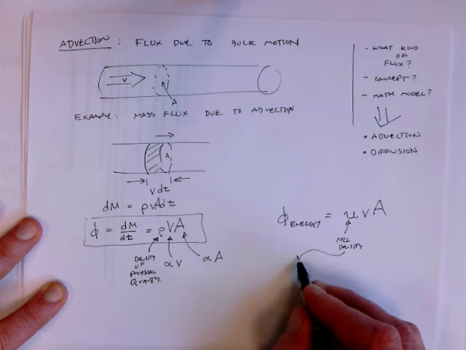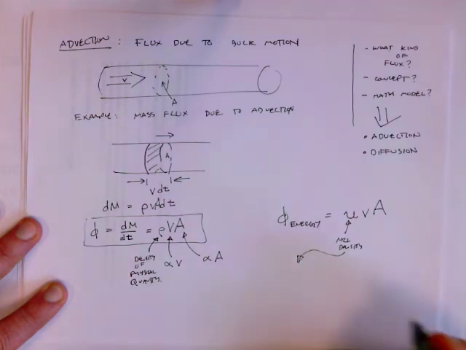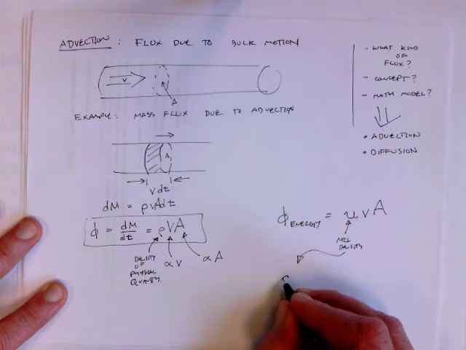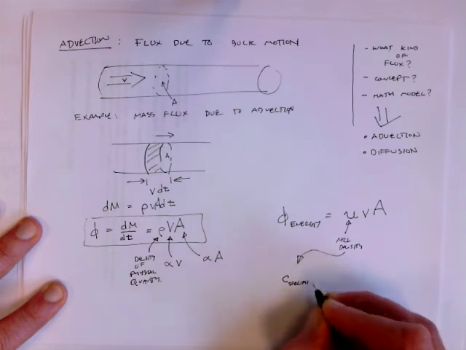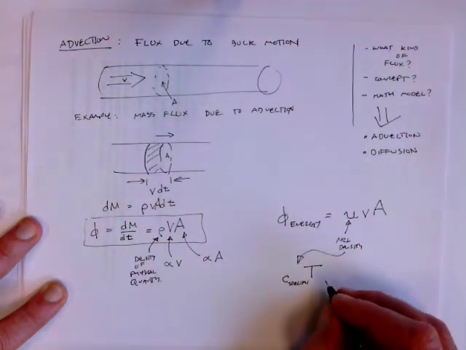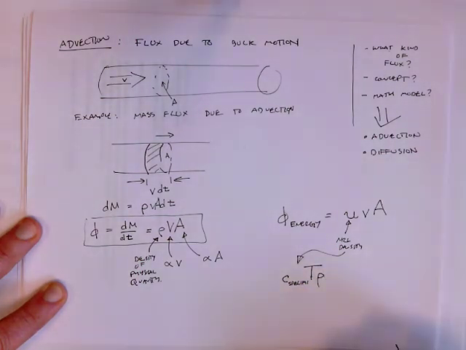The energy density depends on the temperature and the mass. So that energy density would be the specific heat times the temperature of the water at that particular point times the density of the water at that particular point.